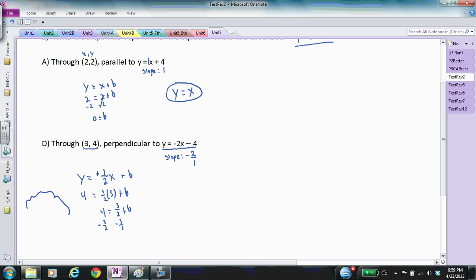And I go over here into my thought cloud. 4 minus 3/2. That's like 8/2 minus 3/2. So that's 5/2. So 5/2 equals b. So the equation then is y equals 1/2 x plus 5/2.